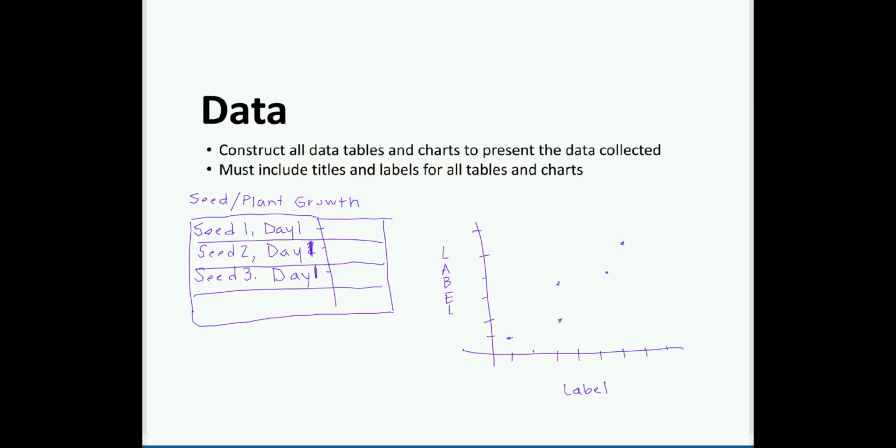I've got some other videos that show you how to make graphs on the computer. If you need a best fit line, we want our best fit line to be as close as possible to all the data points. If you make it on the computer, it'll do it for you. If you don't, you'll need a ruler, and you need a title. So that's the general idea of how you would do a graph. I think we'll get more into that in a little bit.